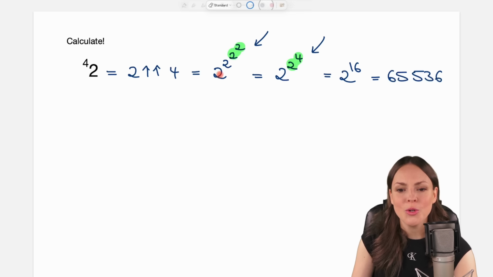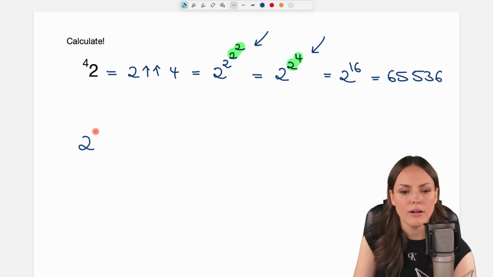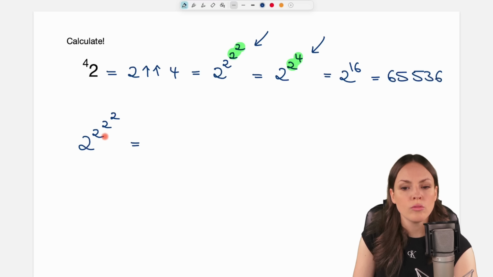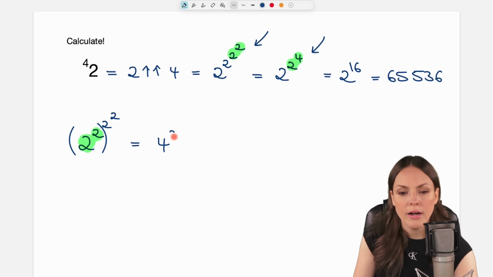But I also want to show you what would happen with this power tower if you didn't know the rule that you would have to start from the right side. So let's see what happens if you just start from the left side, as if there were parentheses here. You would start with 2 to the power of 2, which is equal to 4. And then you would still have to the power of 2 and to the power of 2.